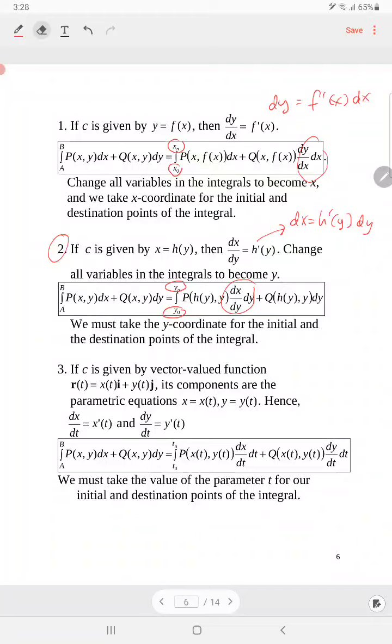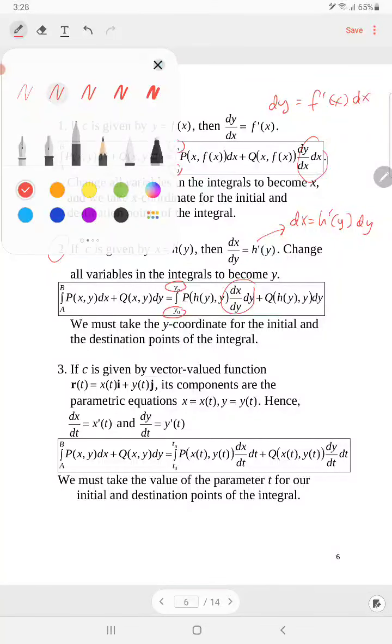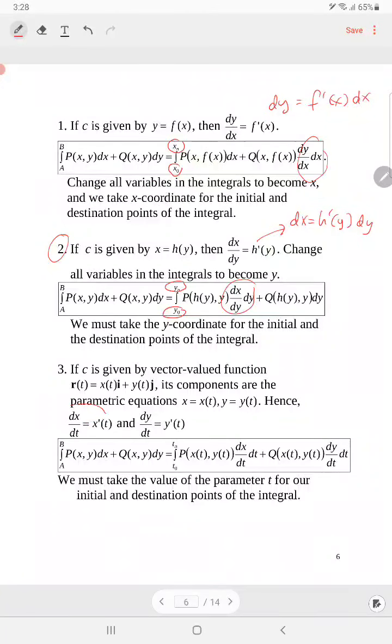So dx here, from here you can get dx is equal to x'(t) dt, and from here you replace dy with y'(t) dt. So everything now would be in terms of t.